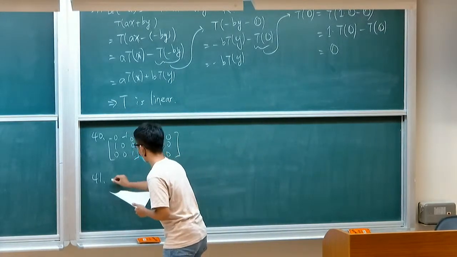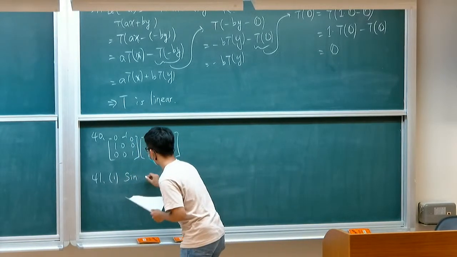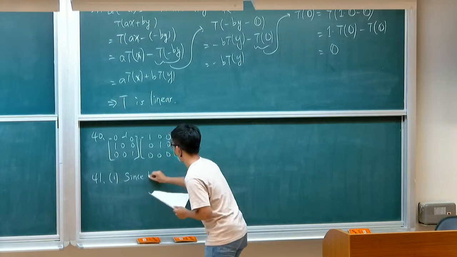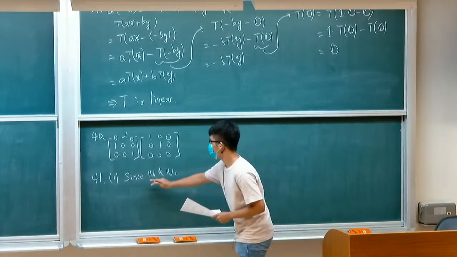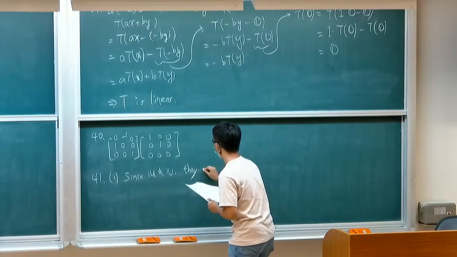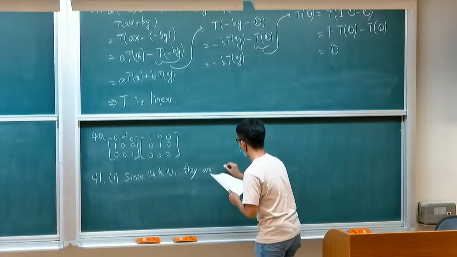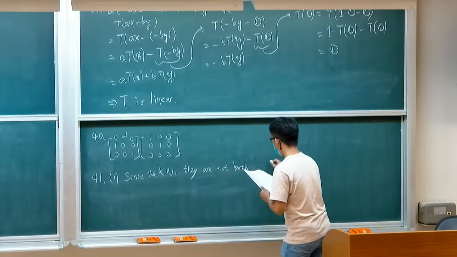In this exercise, for the first part, since u is not equal to v, they are not both 0.